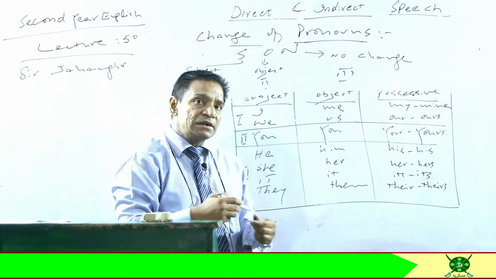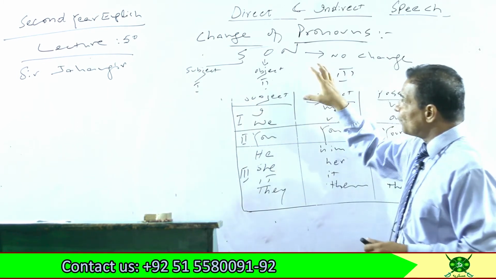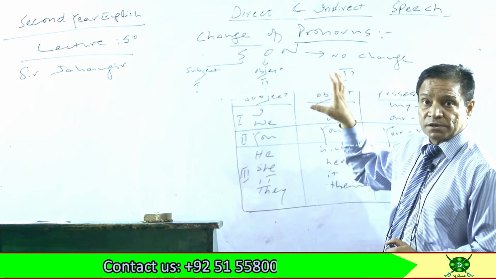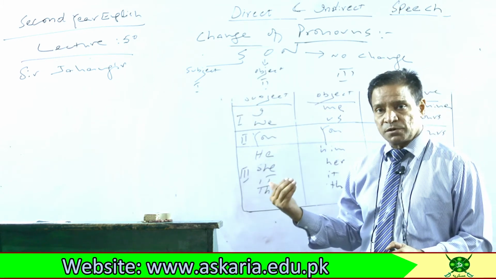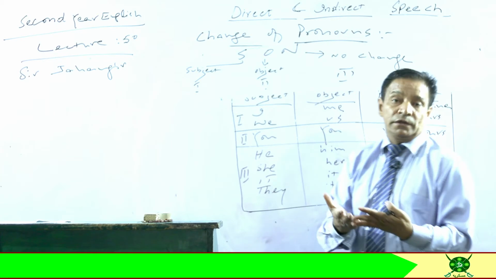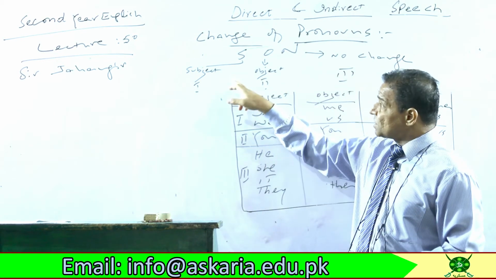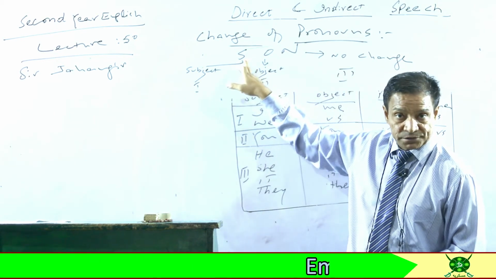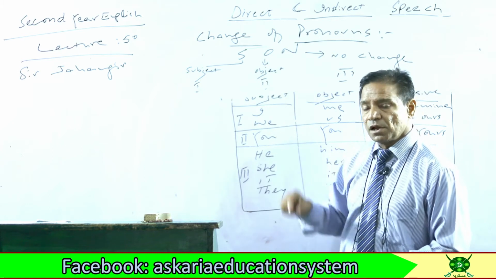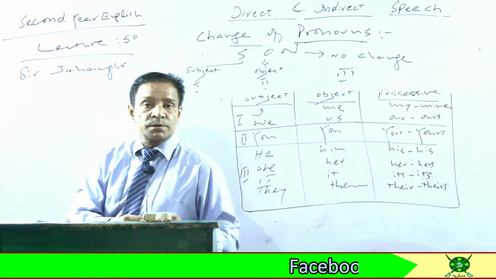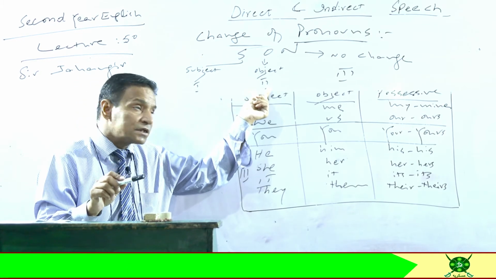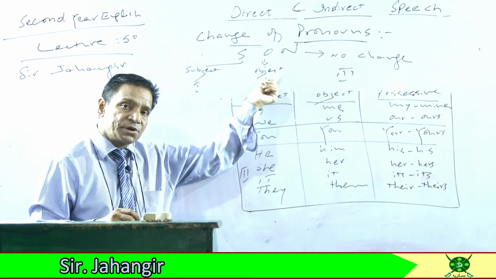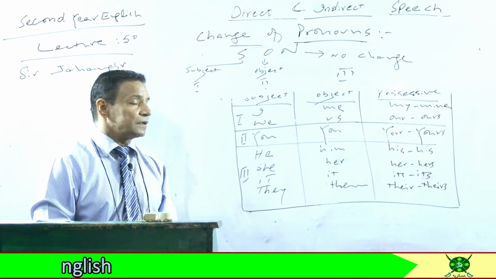So what does it mean? It means that if we have first person pronoun in the reported speech, that will be changed according to the subject of reporting speech. If we have second person pronoun in the reported speech, that will be changed according to the object of reporting speech.